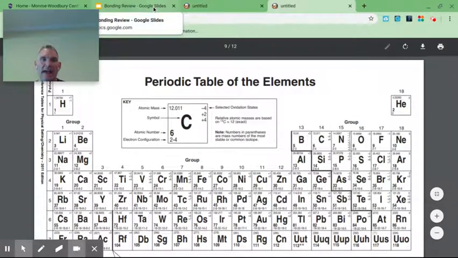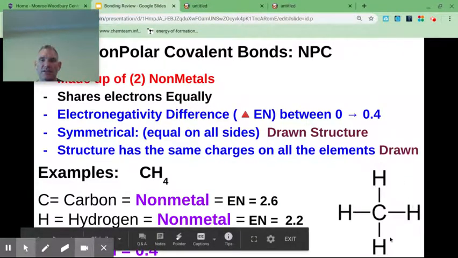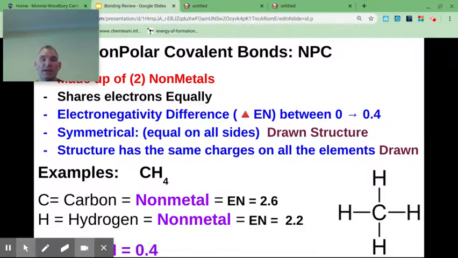But when I go back to my example, it would be a plus, a plus, a plus, and a plus. They're all the same. If I wanted to use the negative charge, it would be negative, negative, negative, negative. And notice they're still all the same. So CH4 indeed is non-polar covalent. Again, a lot of work, but once you see it once or twice, you'll always know CH4 is nonpolar. That's not going to change.